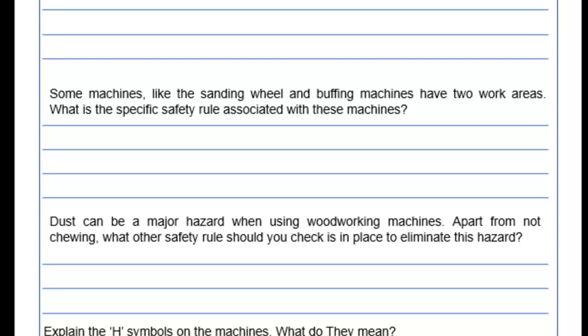So we're looking for a rule or some method that we can use to control the amount of dust coming off the machine while we're using it. That could be something that we wear, or it could be something that the machine has on it that will stop the dust from coming out at us and into our lungs.